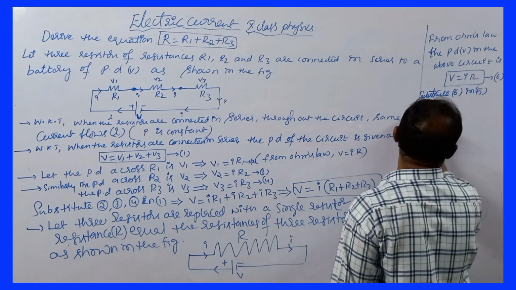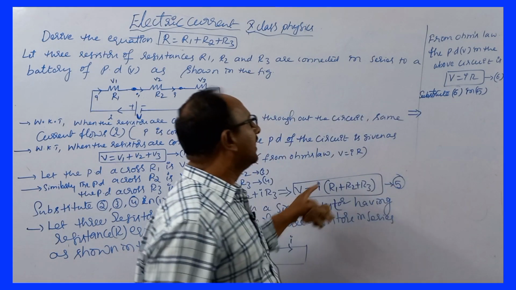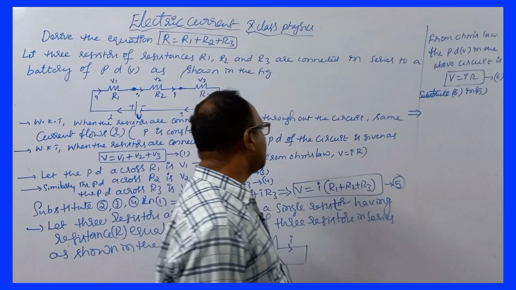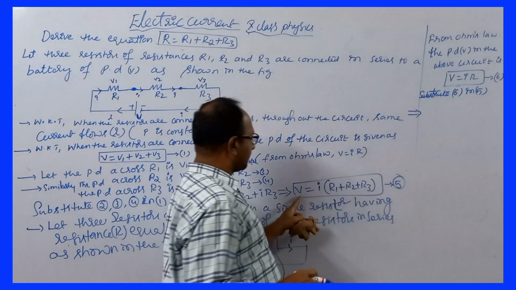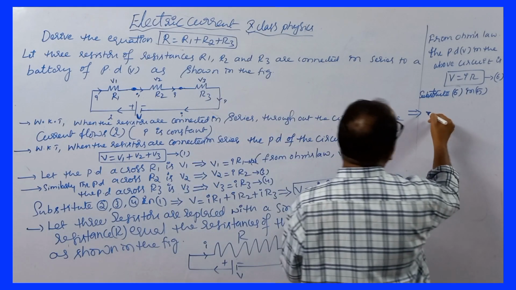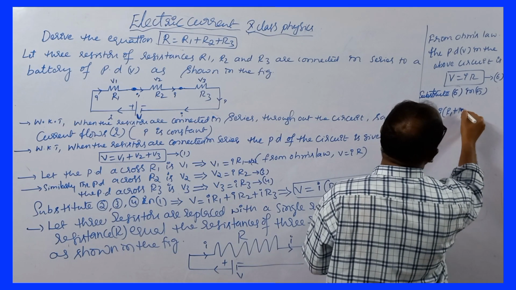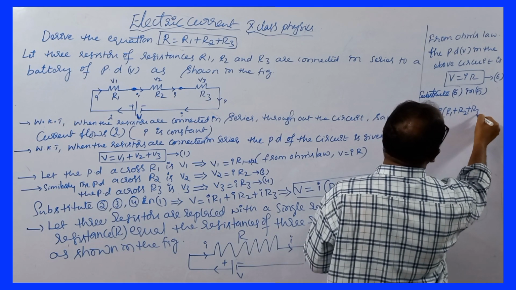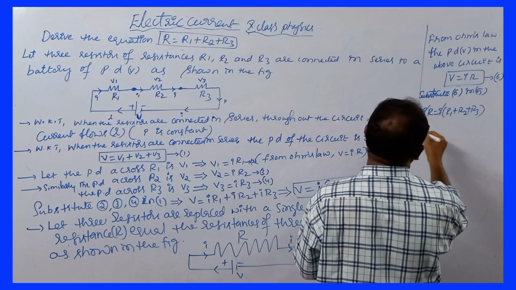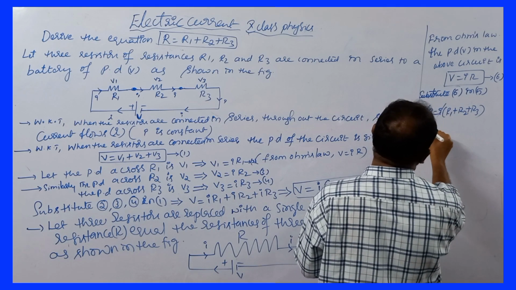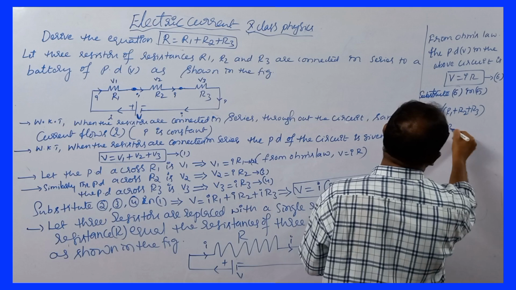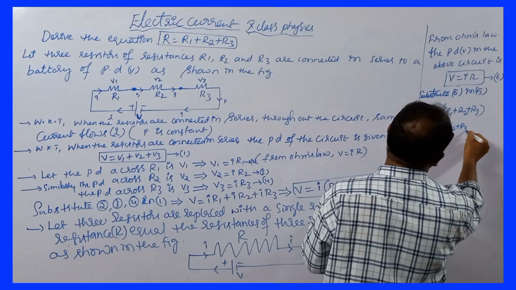In the place of V, students, we can write IR. So IR is equal to I times R1 plus R2 plus R3. I gets cancelled. Then R is equal to R1 plus R2 plus R3.